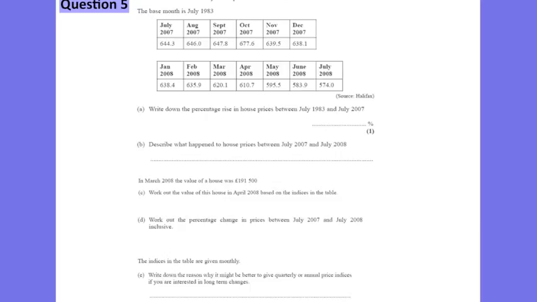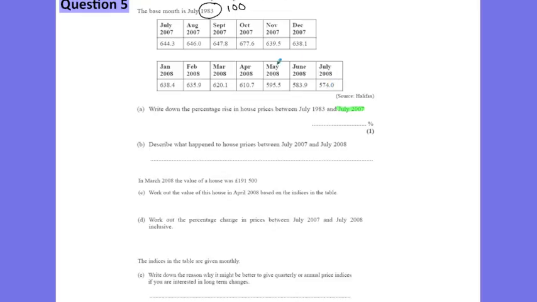Question number 5. The table shows the monthly house price indices for 2007 to 2008. The base month is July 1983. We're asked to write down the percentage rise in house prices between July 1983, where the index number will be 100 because it's the base year, to July 2007.